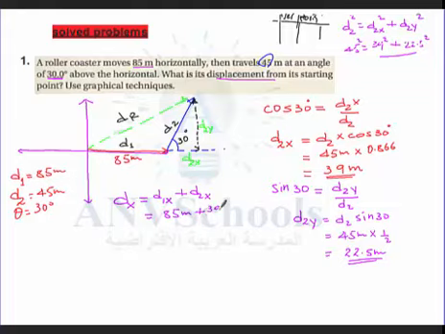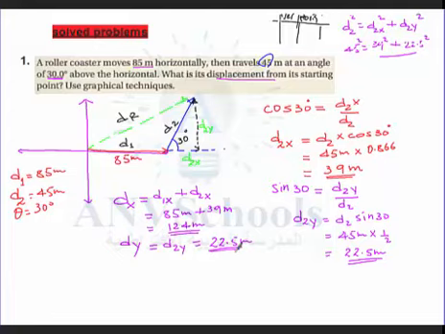So 85 plus 39 is 124 meter. And the total displacement along the y-axis: we have only one displacement, that's d2y, which is 22.5 meter.